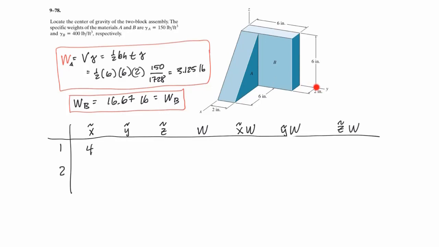Y is going in this direction. So this is 2 in the y direction, and half of that is just going to be 1. In the z direction, which is up this, it is 6 high, so it should be up 2 in the z. I think I said those all correctly now without getting mixed up. I know that the weight is 3.125. Then let's go ahead and write in the numbers.